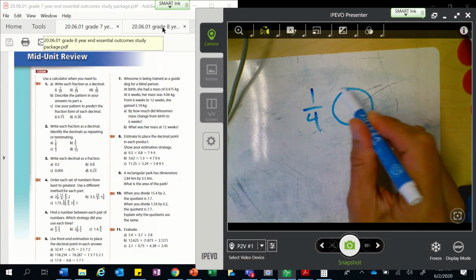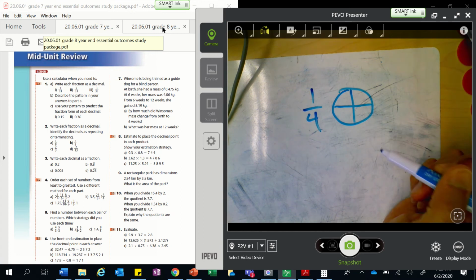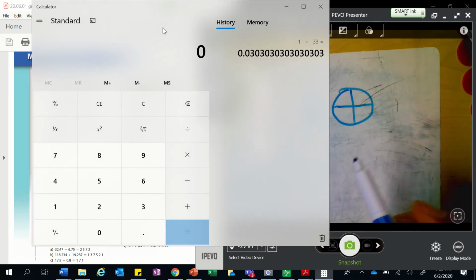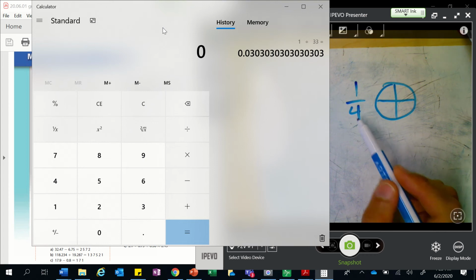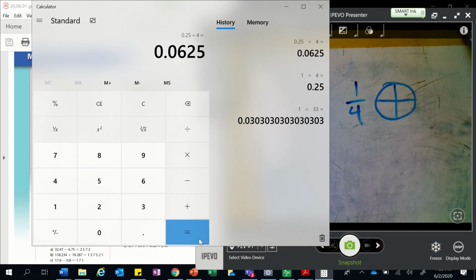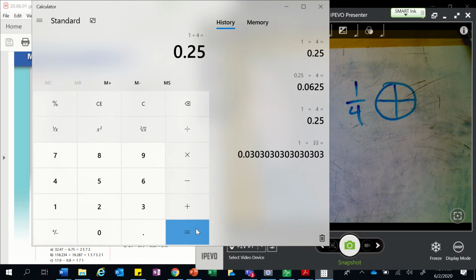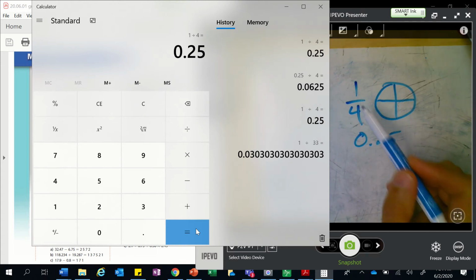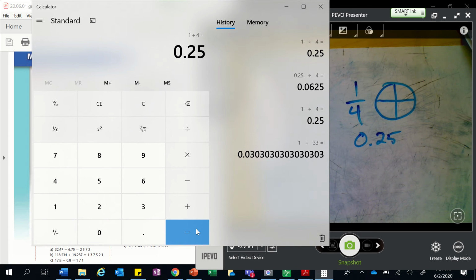If you put into a calculator the numerator divided by the denominator, you will get a decimal answer. So 1 divided by 4 equals 0.25. I've now converted this fraction into this decimal.